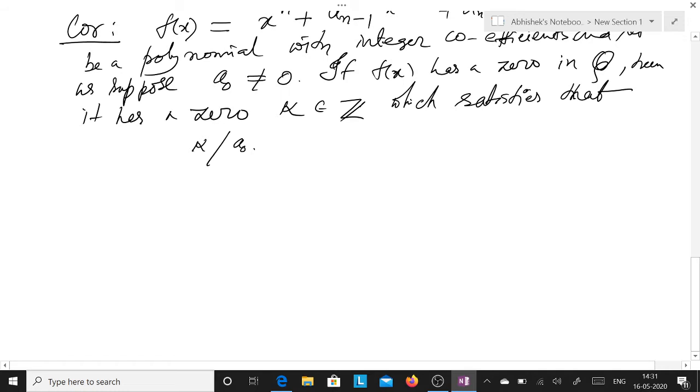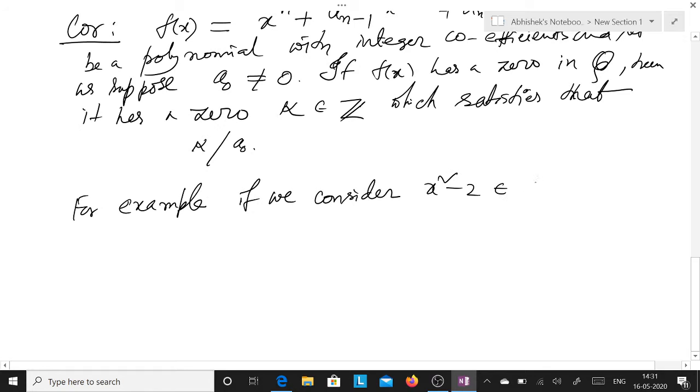For example, so we must illustrate an example which will be helpful to you. So for example, if we consider the polynomial x^2 - 2 over the field of rationals.